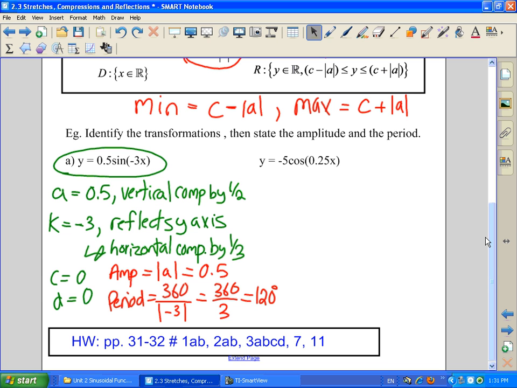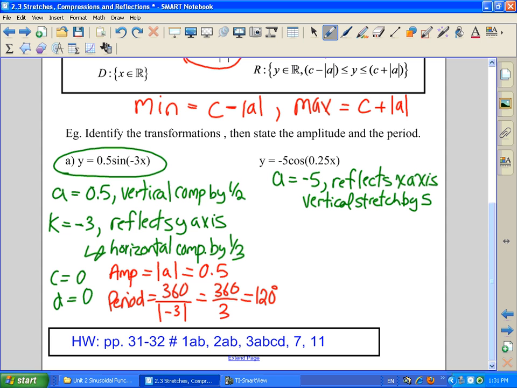All right, last question, folks. In this case, we've got A equals -5. That tells us it reflects over the x-axis. The 5 tells us it is going to be a vertical stretch by a factor of 5.